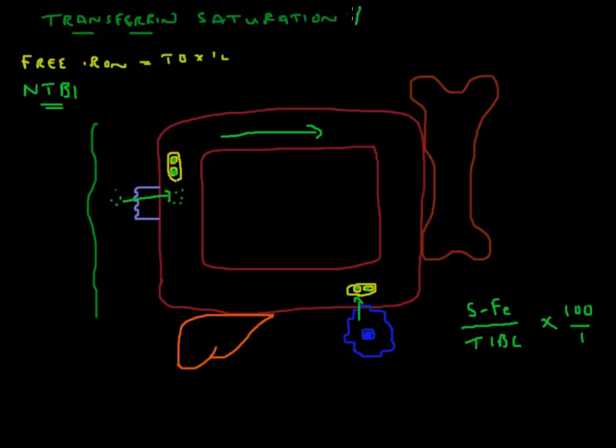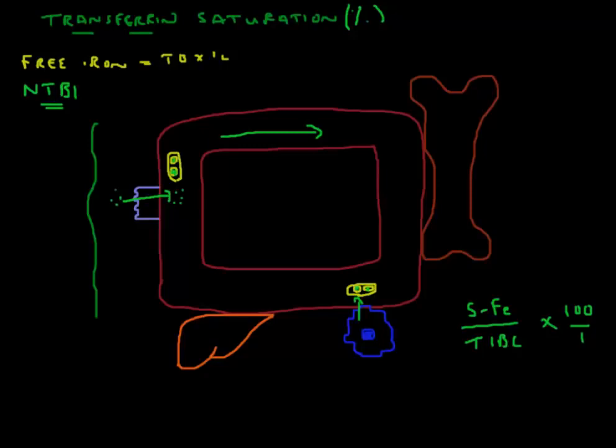So let's just put percentage up here because this is how it is expressed. So you can see that you need to understand what this total iron binding capacity is to understand what would influence the final calculation.